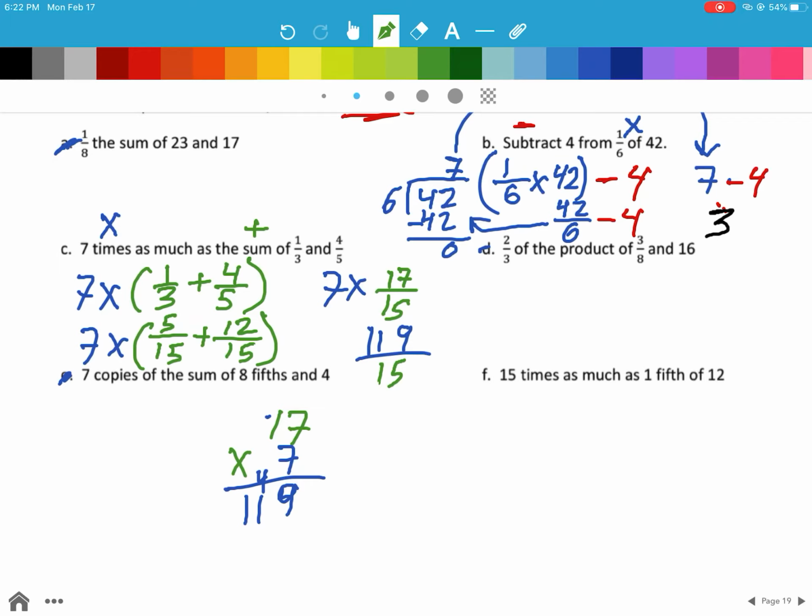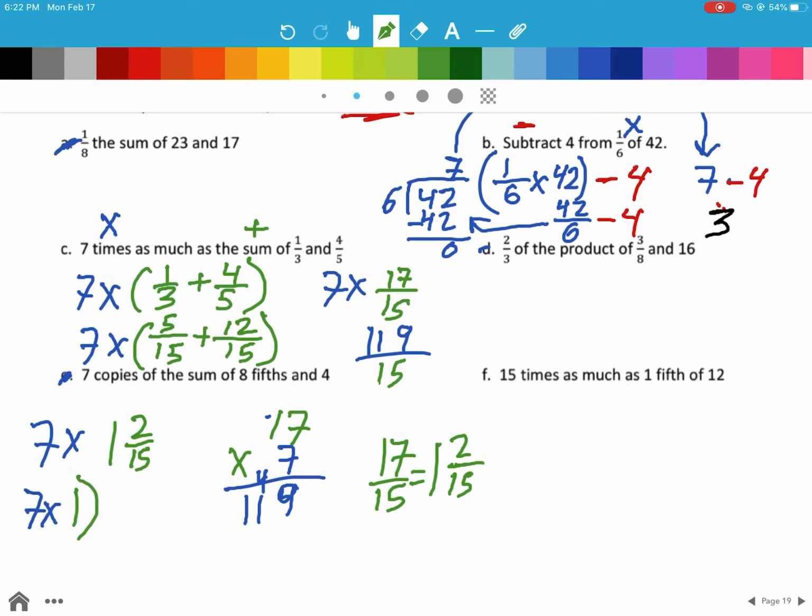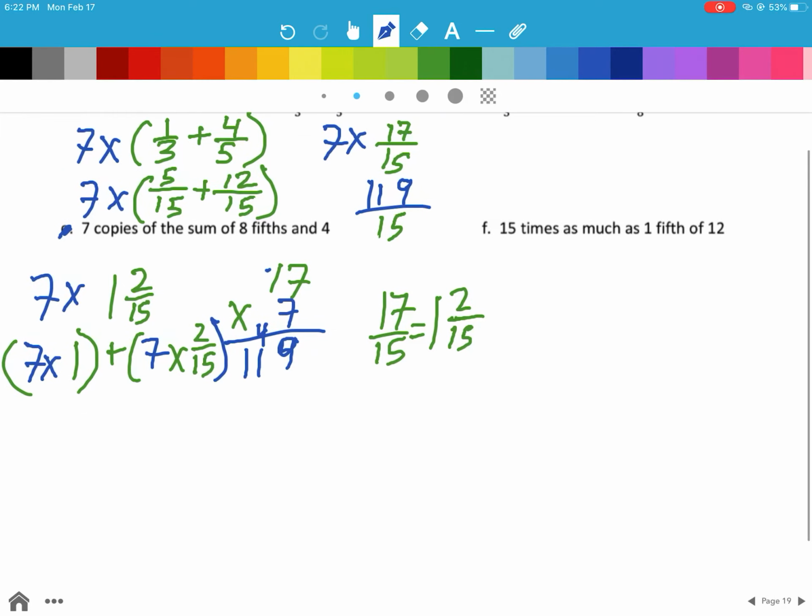Another way I could have done it is that we have 17 over 15, which is the same as 1 2/15. Okay, so if that's the case, then 1 2/15 times 7, I can do 7 times 1 plus 7 times 2/15.